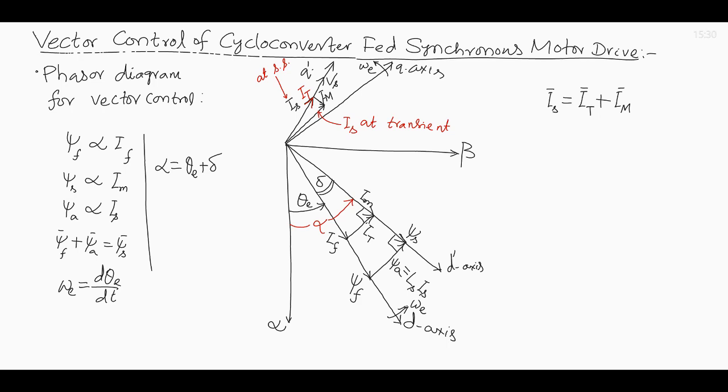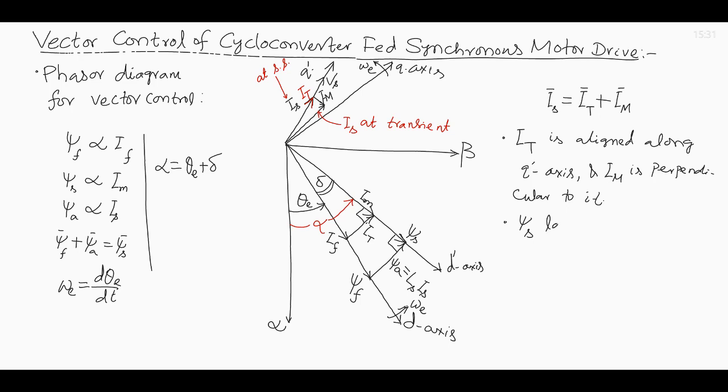First point: the active component of the current, or torque component of the current, is aligned along the q dash axis all the time, and Im is perpendicular to it. Psi s lags 90 degrees behind Vs or It.